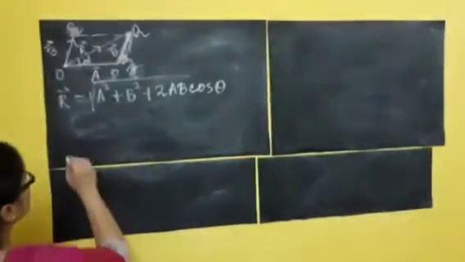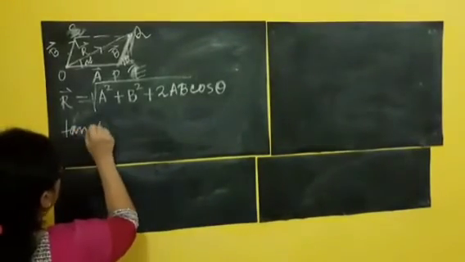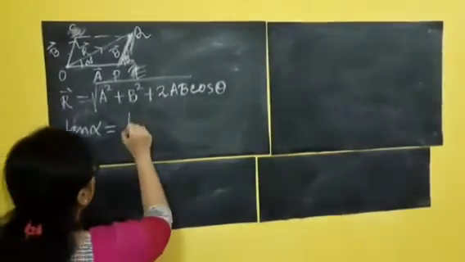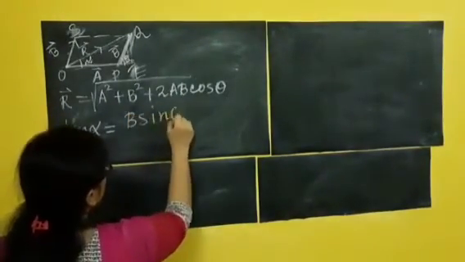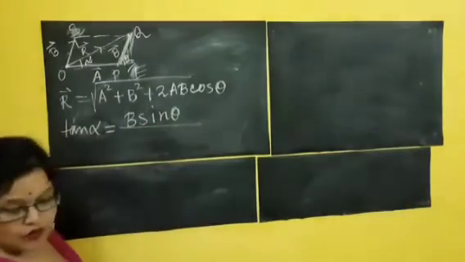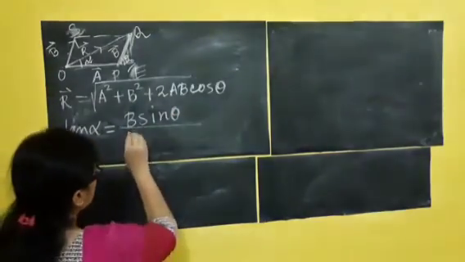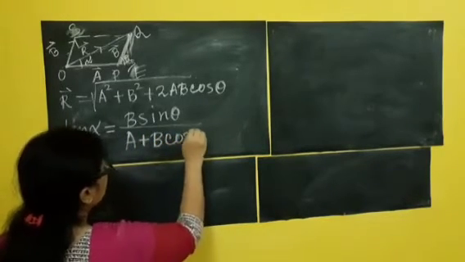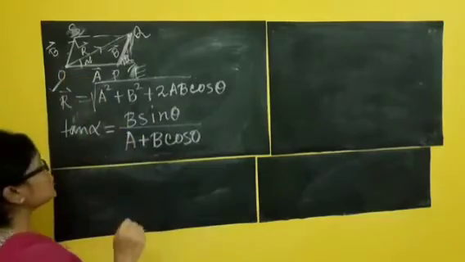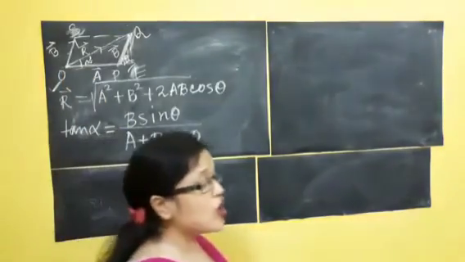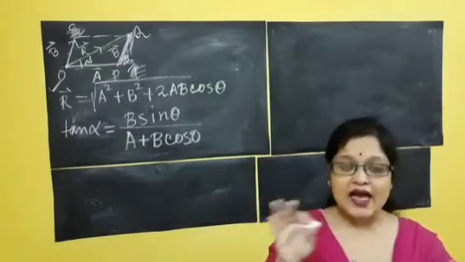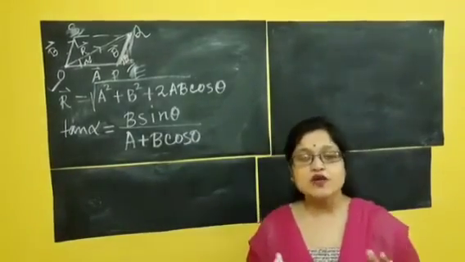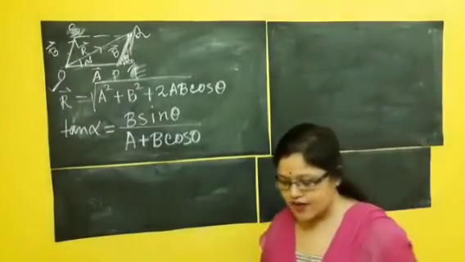So tan alpha equals what? Direction also same. Tan alpha will be equal to B sin theta by A plus B cos theta. So from the triangular law and this parallelogram law also, diagrammatically there is a little difference, but other things are pretty much similar to the triangular law of vector addition.